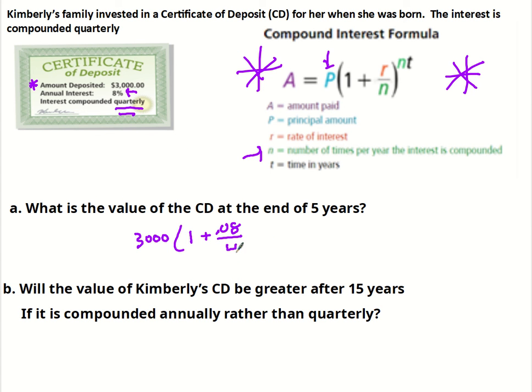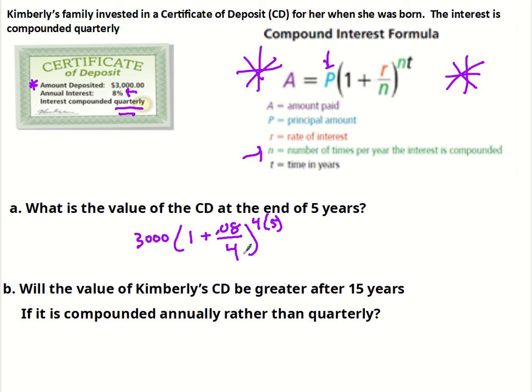We're compounding it 4 times, so that's 0.08 divided by 4, because quarterly means 4 times. And that's all to the power of time in years times how many times we're compounding it. Well, that was 4 quarterly times 5, so it's going to compound 20 times. That's 4 times every single year.